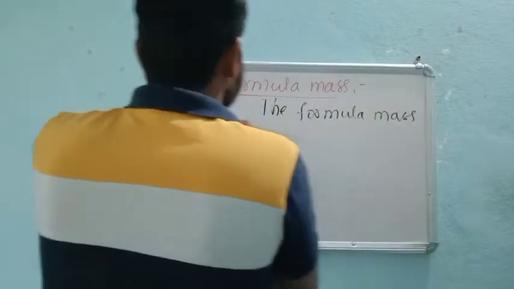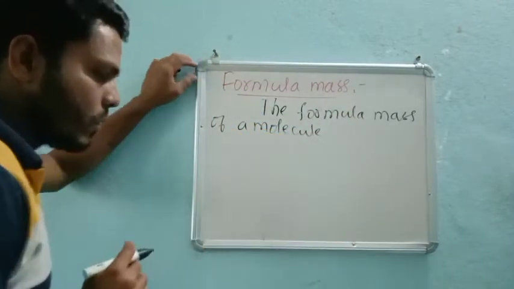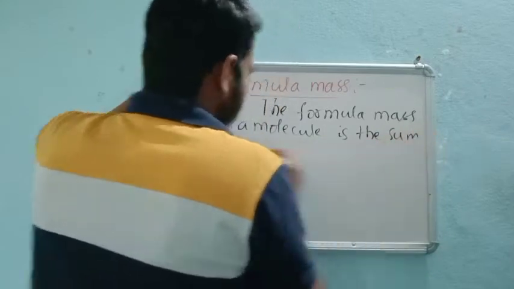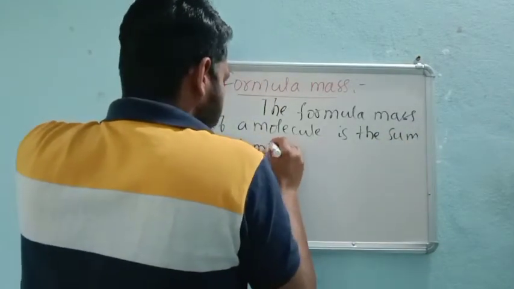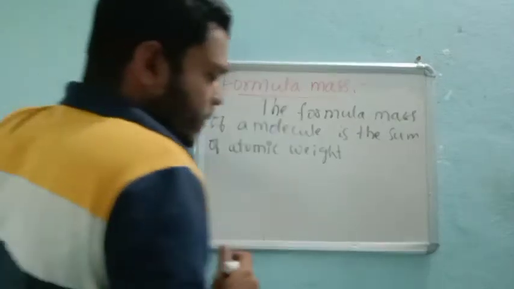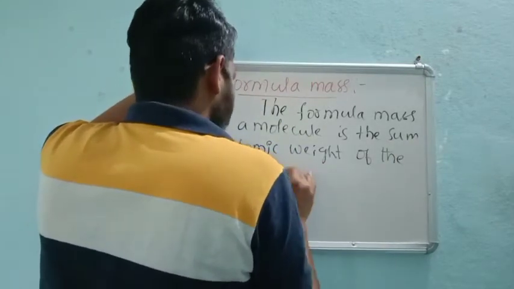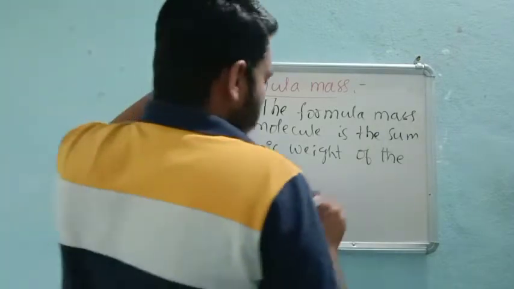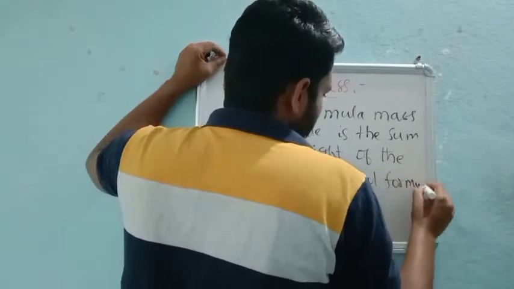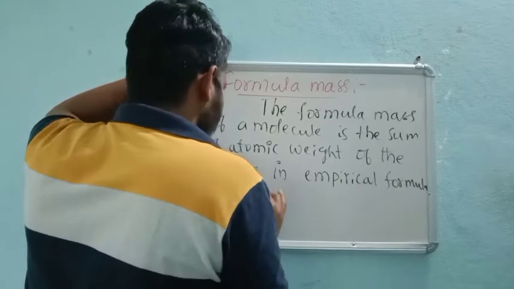The formula mass of a molecule is the sum of atomic weight of the atoms in the empirical formula of the compound.